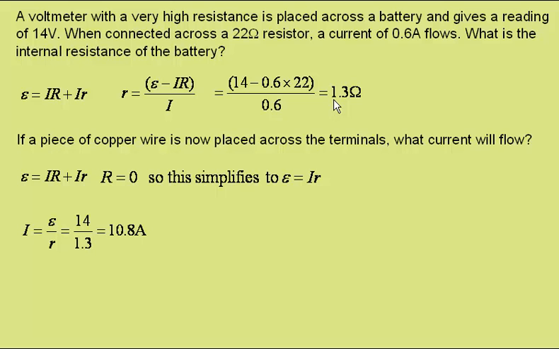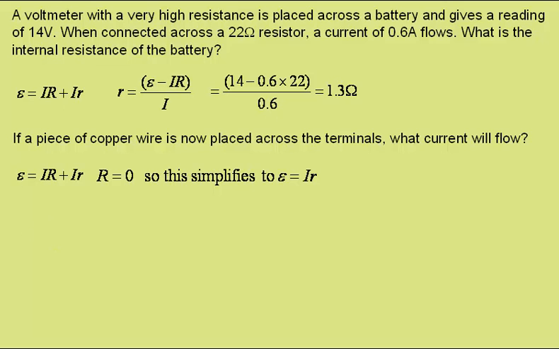Incidentally, this answer actually comes out at 1.3 recurring, and if we'd kept the full answer in our calculator to use here, we would have got an answer of 10.5 amps. If you try the calculation of 14 over 1.3, you'll find it comes out at 10.8 amps.